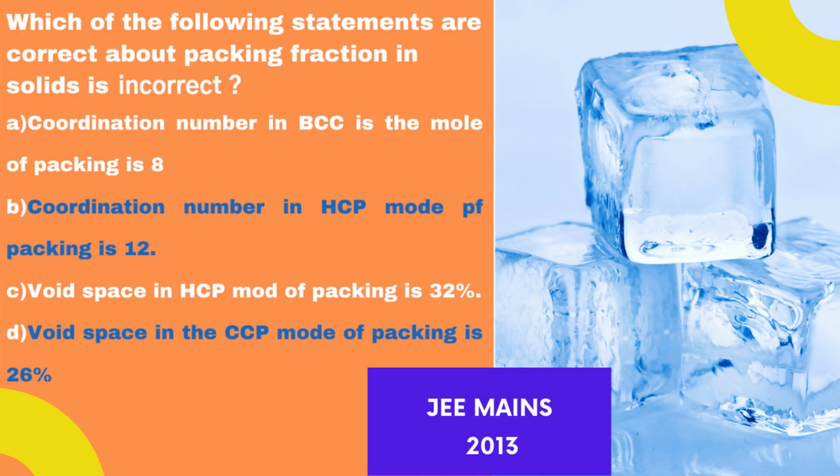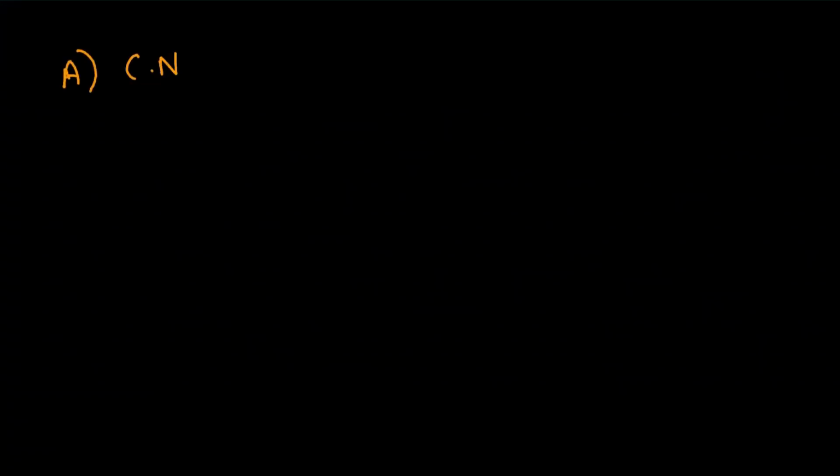So now we will come to our last question, that is, which of the following statements about packing fraction in solids is incorrect? So if you see in option A, the coordination number in BCC mode of packing is 8. BCC means body centered cubic, it is equal to 8.